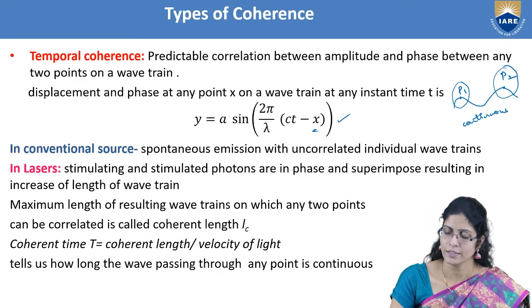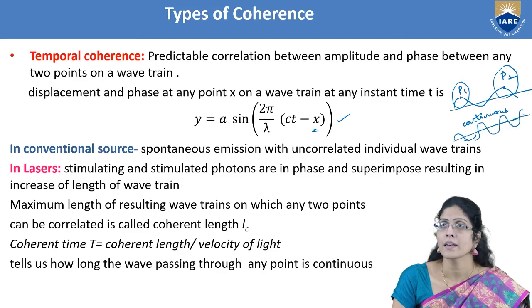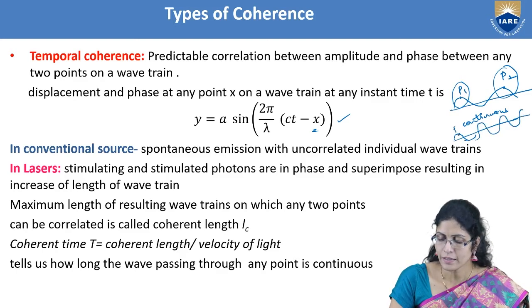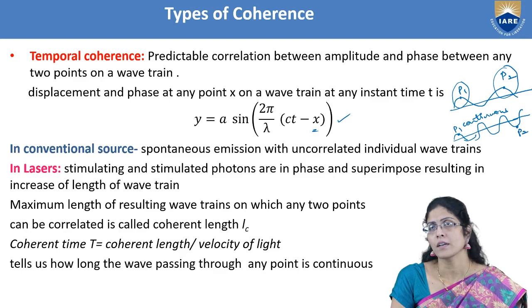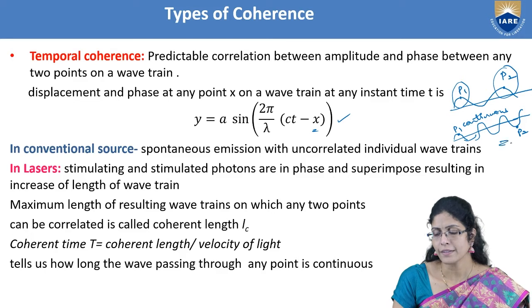Otherwise, it's not continuous. For example, if I take something like this, another like this, and another like this, and take P1 here and P2 here, the amplitude and phase will be different for P1 and P2. So they cannot be in coherence with one another. This is a discontinuous wave.